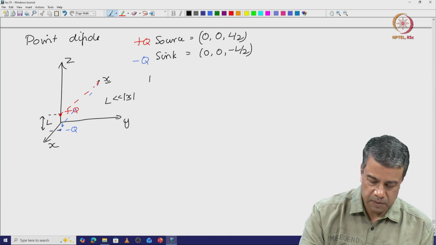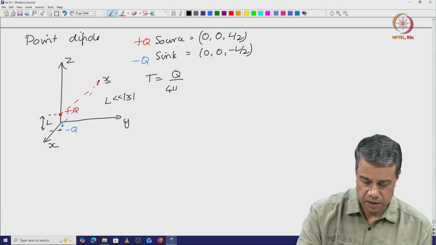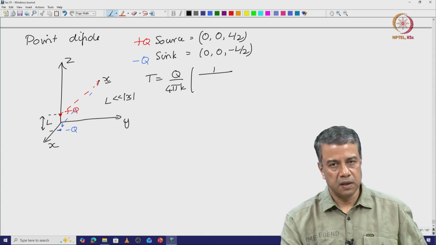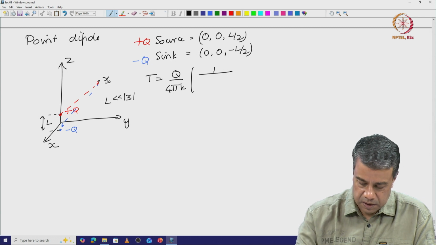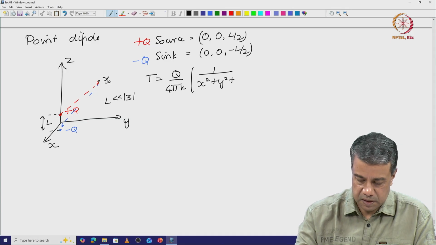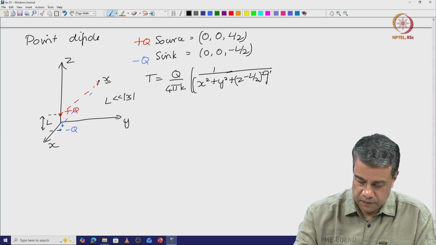Temperature field can be determined by superposition: q by 4 pi k into 1 by, the observation point is x, so x minus 0 the whole square plus y square plus z minus L by 2 the whole square, whole to the half.